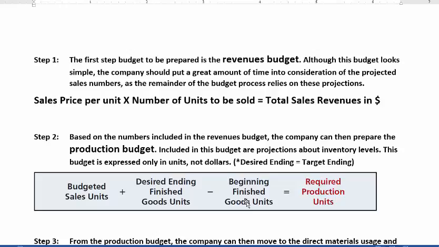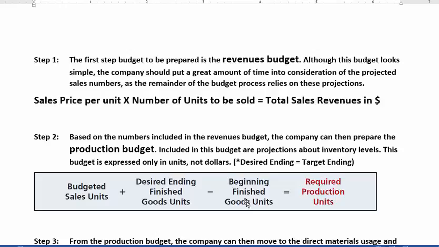Okay, so the way I explain this to my principles folks is on the last day of the prior period, you had some cars on the lot. Those were your finished goods units. You went home, went to bed, came back in the next morning, and you had them still sitting there.